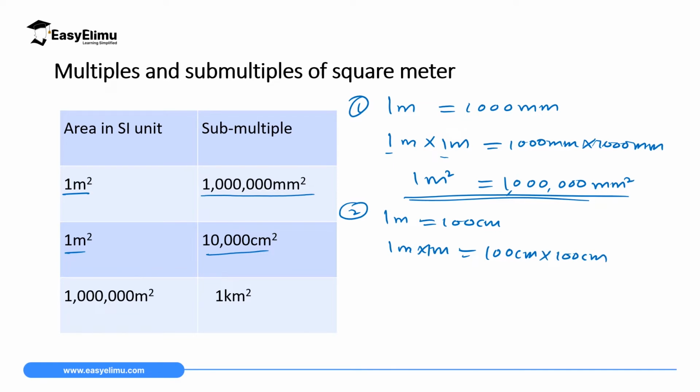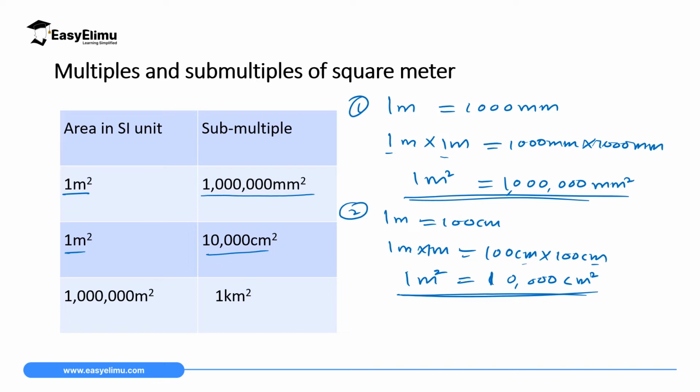So 1 times 1, meter times meter, is a square meter, and 100 times 100 is 10,000, and centimeter times centimeter is square centimeters. So as you can see, we can even prove that these interconversions are correct.